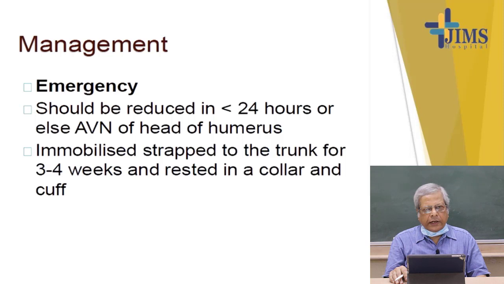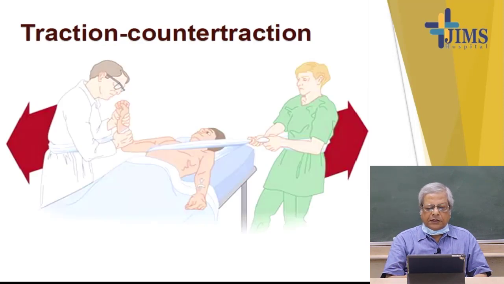Then, as the capsule and ligaments are torn, to give them time to heal satisfactorily, the shoulder joint is immobilized. That is, the arm is strapped to the trunk for 3 weeks and rested in a collar and cuff sling. This is the method of reducing a shoulder dislocation.